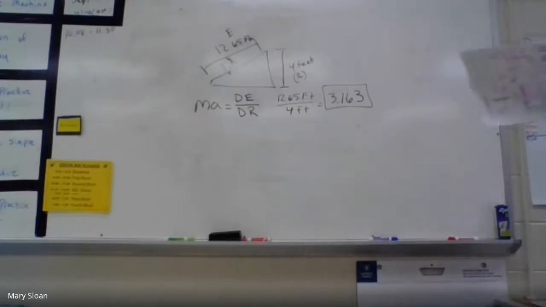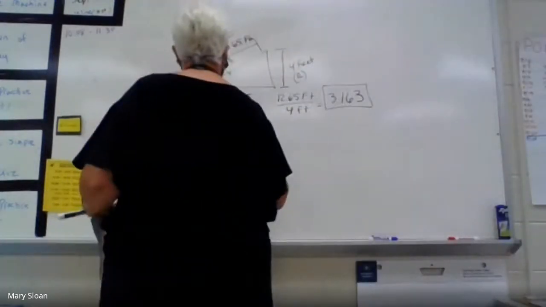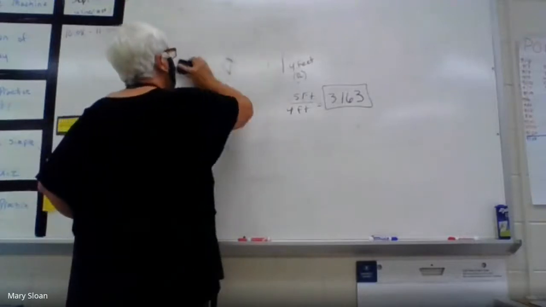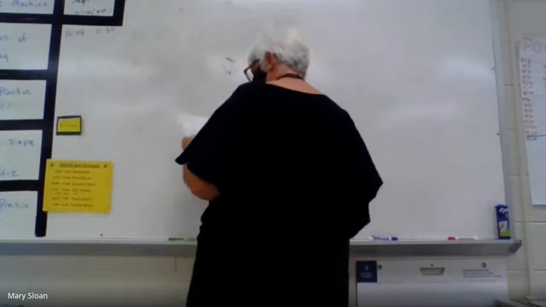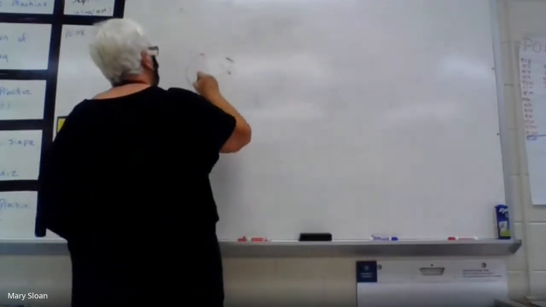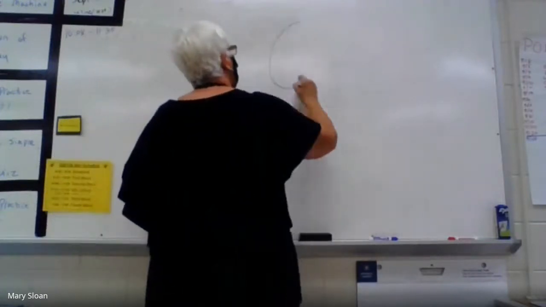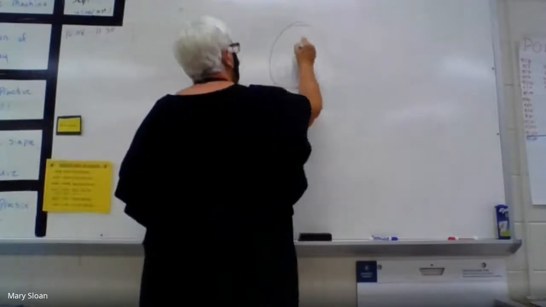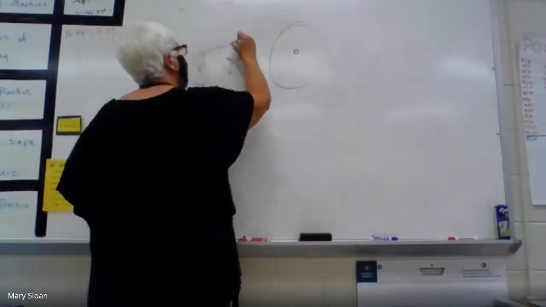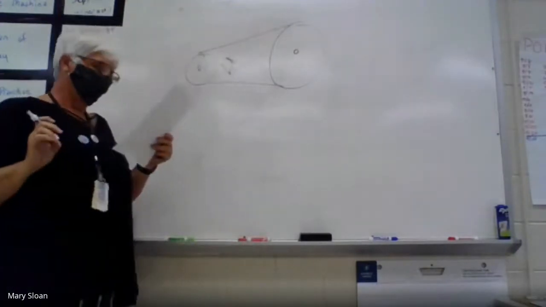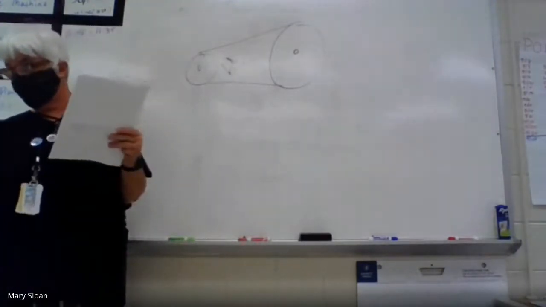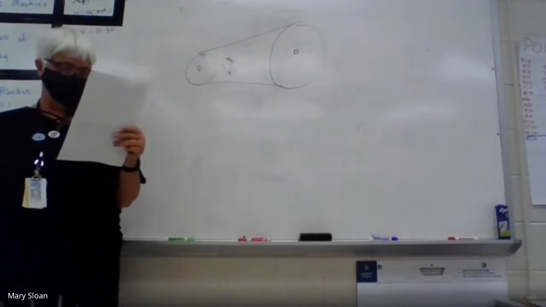So the first thing you want to do is label your pulley. What does it tell us about the pulleys themselves? It's telling us the diameter. The diameter is 16 inches.